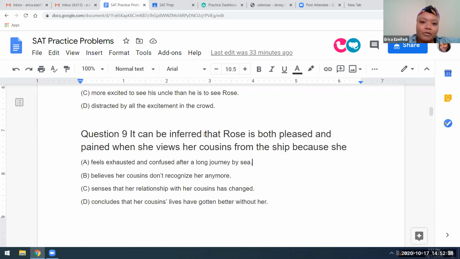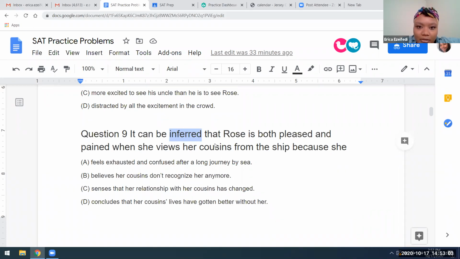So even if we don't know what inferred means, we know we're going to have to figure out something to do with Rose being both pleased and pained when she sees her cousins from the ship. But just in case we didn't know, inferred means that it can be understood, something you can take from what you're reading.